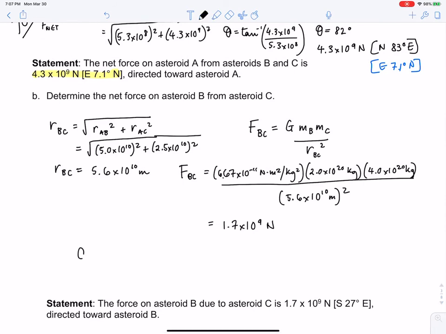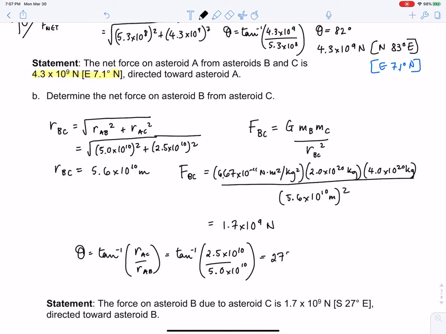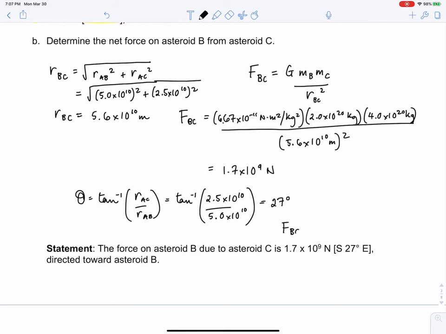So theta is equal to the inverse tan of RAC over RAB, which is the inverse tan of 2.5 times 10 to the power of 10 over 5.0 times 10 to the power of 10. If you punch this in, you get 27 degrees. And that's 27 degrees east of south. Therefore, the force between asteroids B and C is 1.7 times 10 to the power of 9 newtons, 27 degrees east of south.